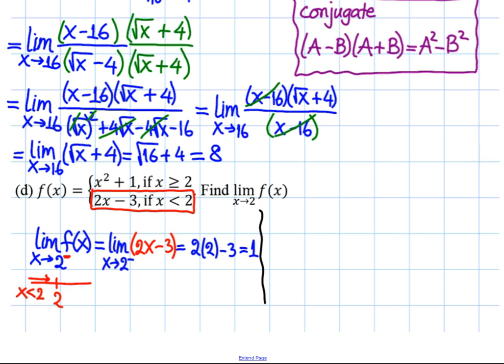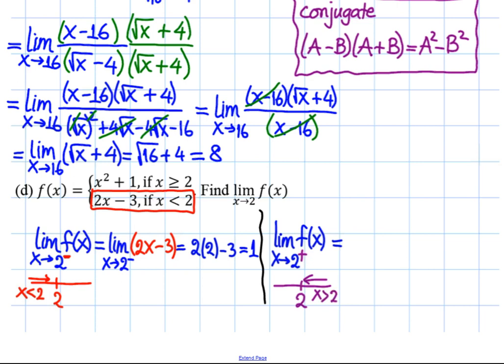Now on the right hand side, we'll do the same thing. On the right hand side, if x is approaching 2 from the right hand side, x will be greater than 2.